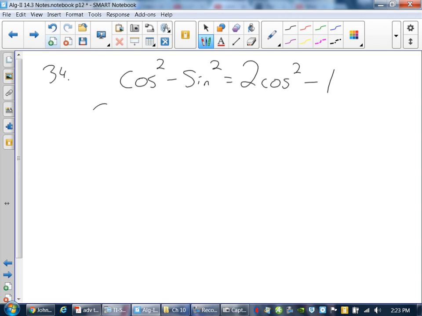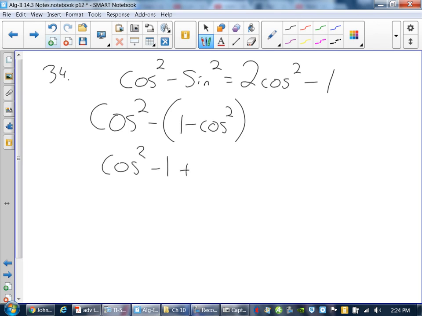So you can do this: cosine squared minus the quantity, 1 minus cosine squared, and then you have to just distribute your negative. You get cosine squared minus 1 plus a cosine squared, which gives you 2 cosine squared and a minus 1 at the end.